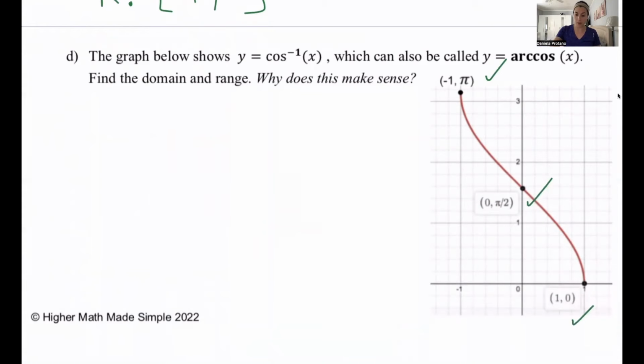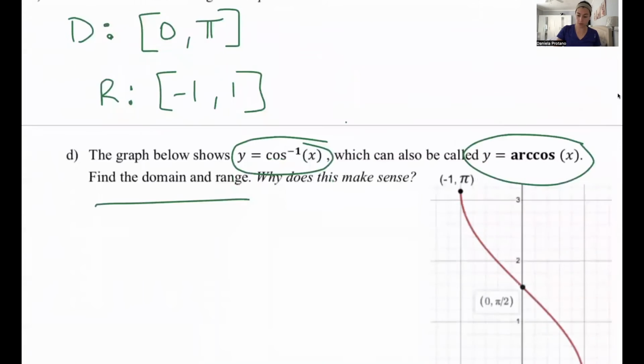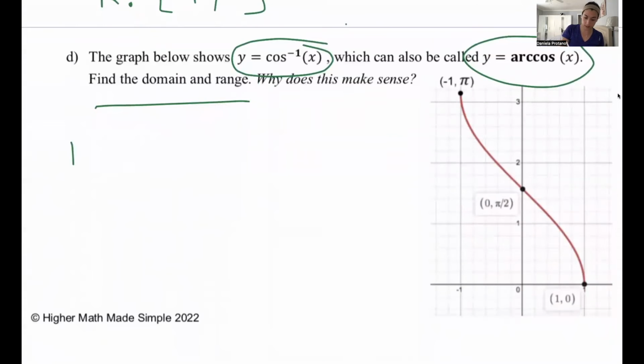So here's the graph of arc cosine, or y equals cosine to the -1, so that means arc cosine, and again, you could see it like this, arc cosine of x. So if we look at the domain and range here, we're going to see that it is flipped, and in fact it is, because if we look at the x values, it's between -1 and +1.